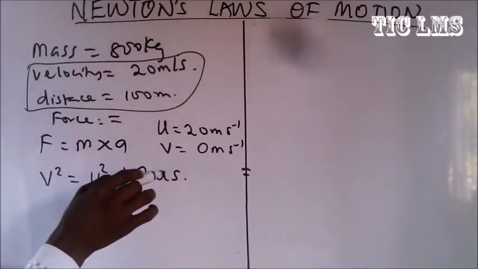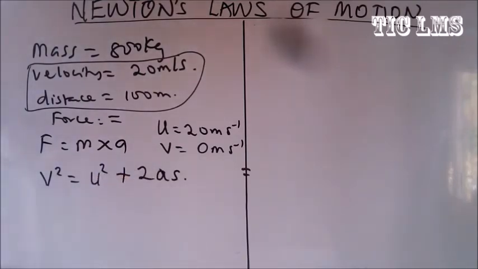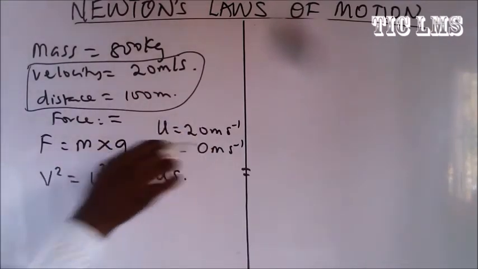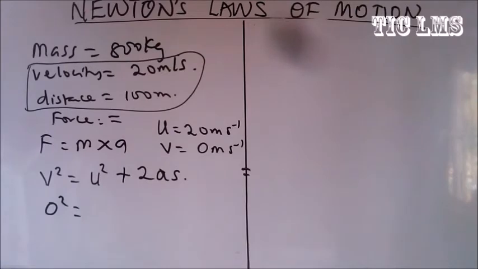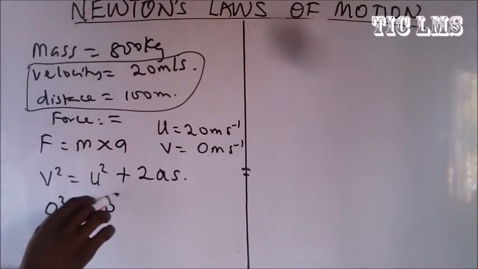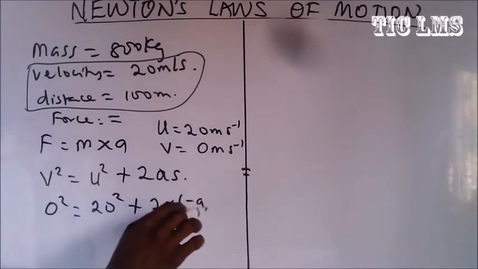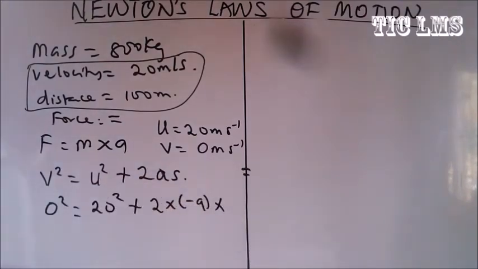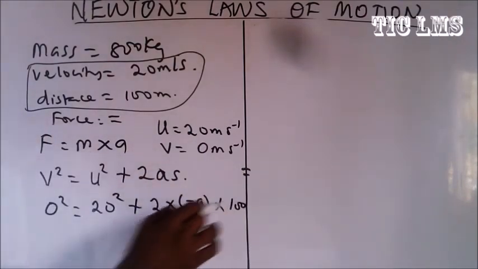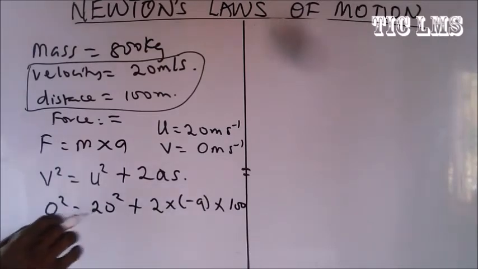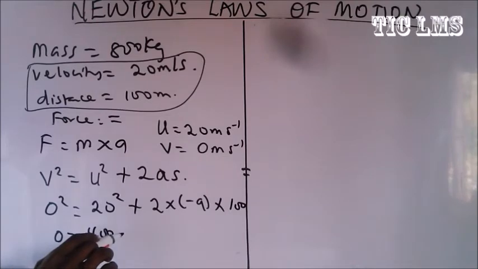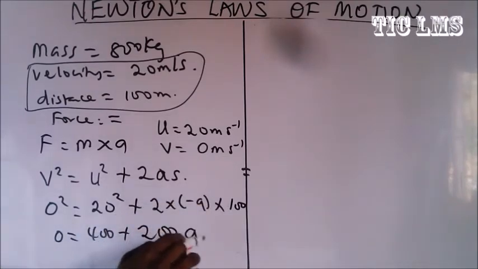Now, since we have this, it means there was a deceleration. So our acceleration here will be negative acceleration. So we'll use this information. The final velocity is 0 squared and initial velocity is 20 squared plus 2 times minus a times s, which is our distance, that is 100. And so we have 0 equal to 20 squared, which is 400, plus 2 times 100, that's 200a.